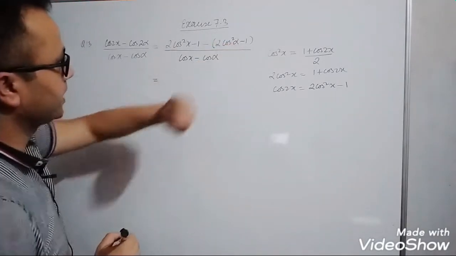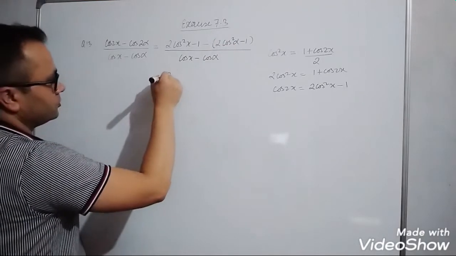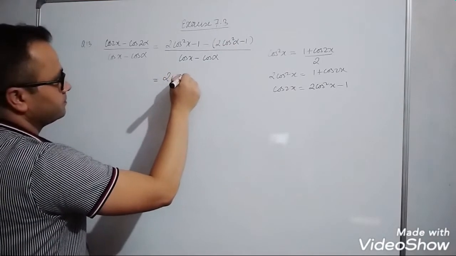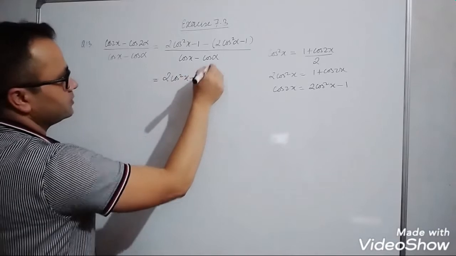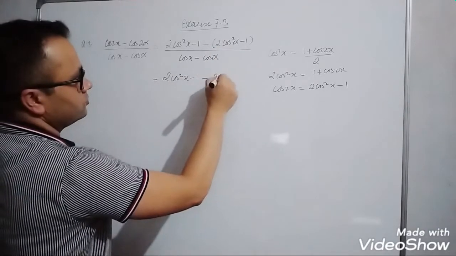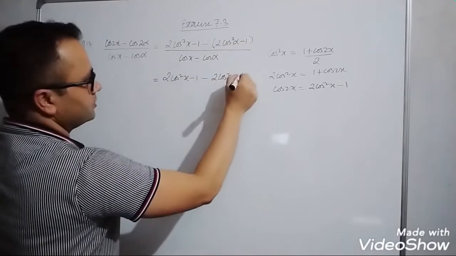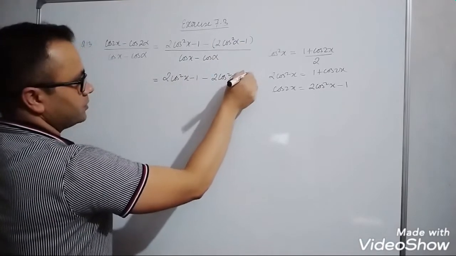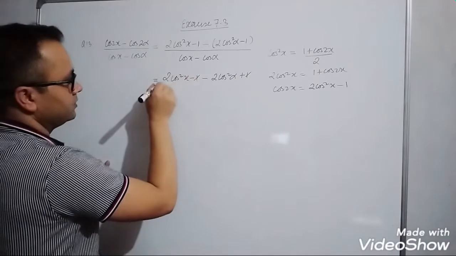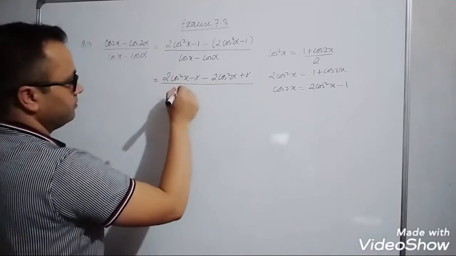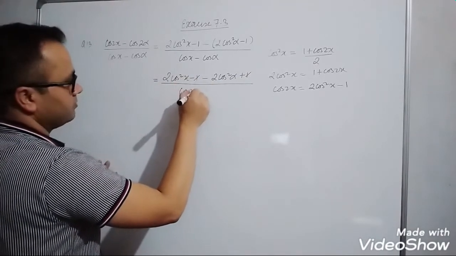Now open the bracket: 2 cos square x minus 1 minus 2 cos square alpha, minus into minus is plus 1. The plus and minus 1 cancel, and the denominator stays the same, cos x minus cos alpha.